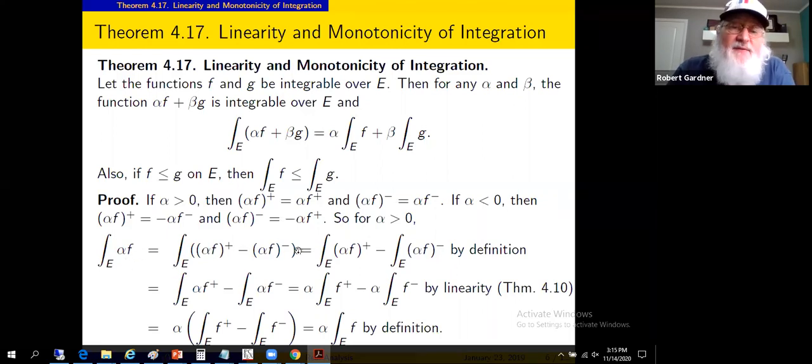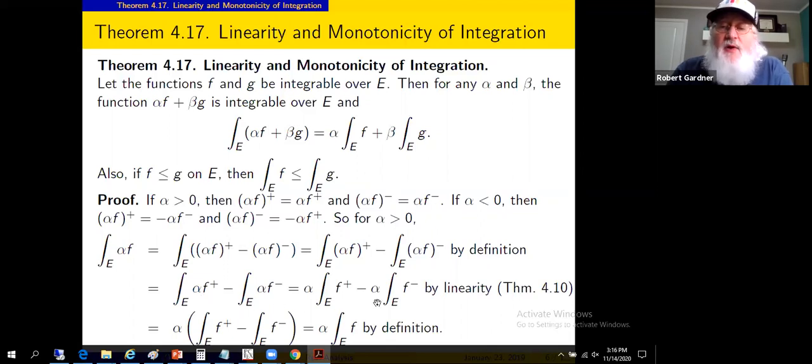Alpha f is, by definition, this, and the integral of this, by definition, is the difference of these two integrals. We can rewrite the positive and negative parts in the obvious way this time, and a not so obvious way next time. It'll be this second way here with the negatives.